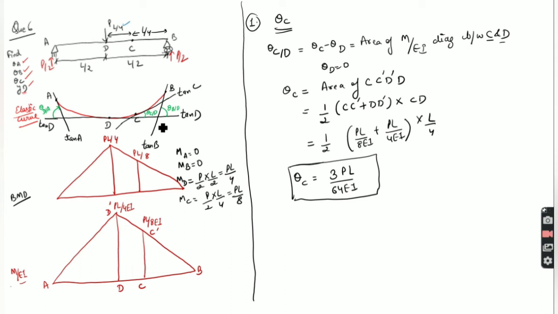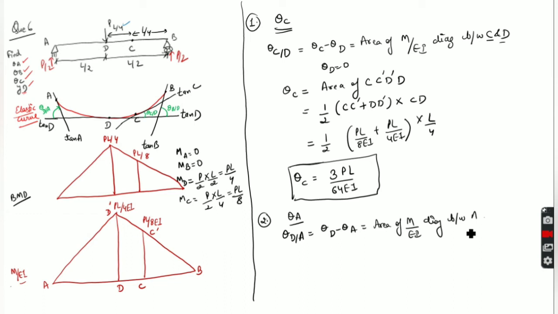Now similarly we will calculate theta B and theta A. For calculating theta A, I will take theta DA as the angle, which is this angle. So this will be theta D minus theta A, and it will be equal to the area of M by EI diagram between A and D, right?